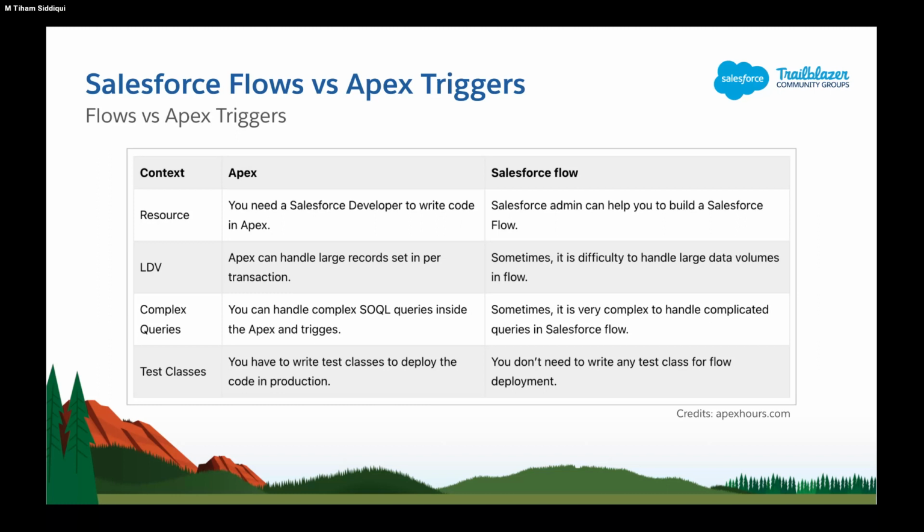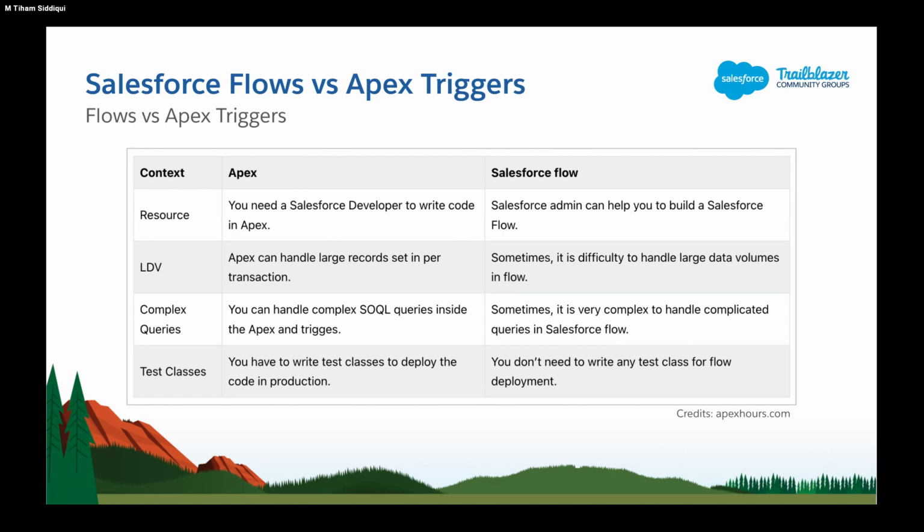In the context of complex queries, you can handle complex queries in Apex and triggers. Sometimes it is difficult to handle these complicated queries in Salesforce flows. But now Salesforce is focusing on flows and introducing some features that can help you handle complicated queries.